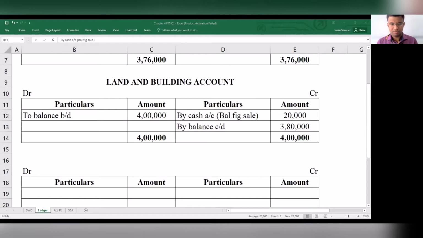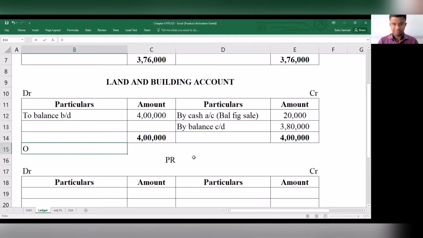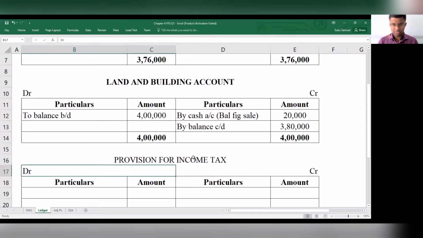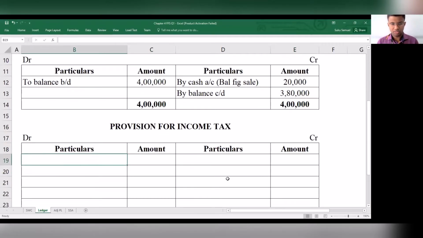Next, what is it that we have to prepare? We will have to prepare the provision for income tax.